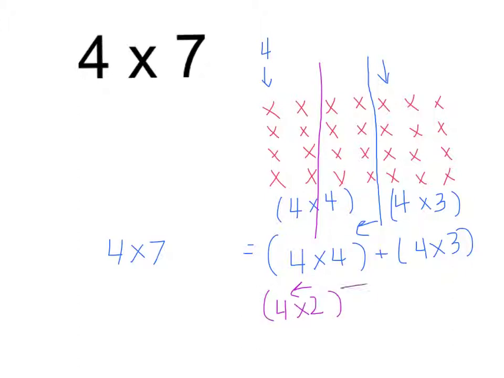And on the right side, there are 5 columns of 4, so that's 4 times 5. And that still equals 4 times 7. As you can see, 2 plus 5 equals 7. So there are a number of ways to break down this array and still have the same answer.